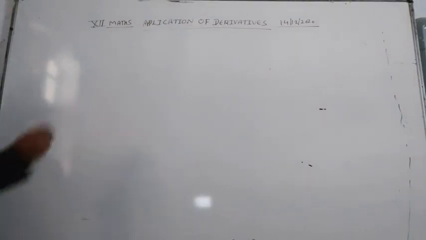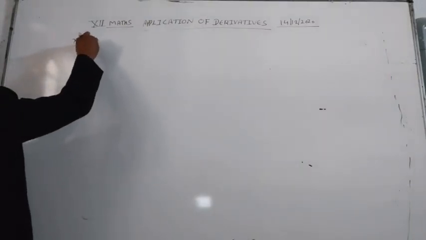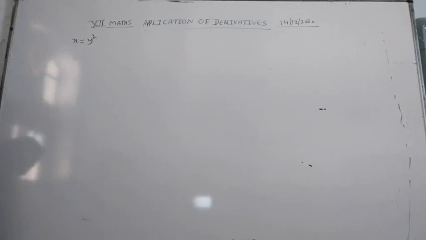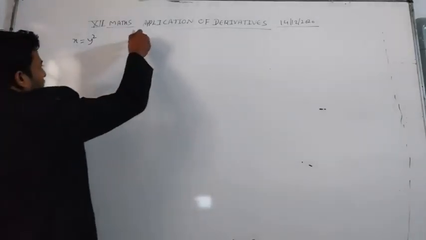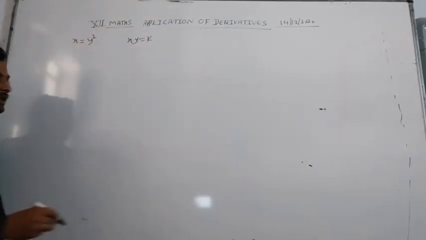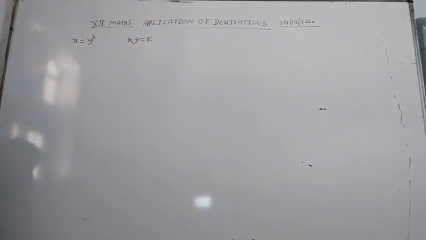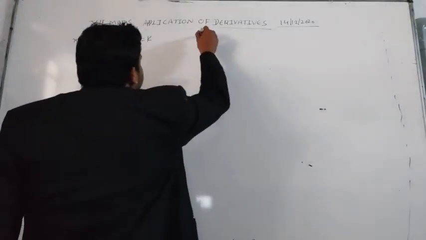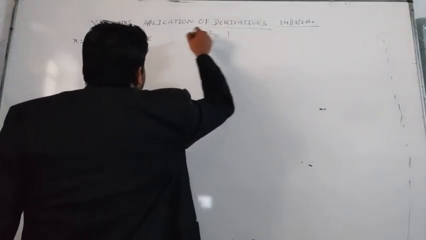Prove that the curve x is equal to y square and xy is equal to k cut at right angle if 8k square is 1.